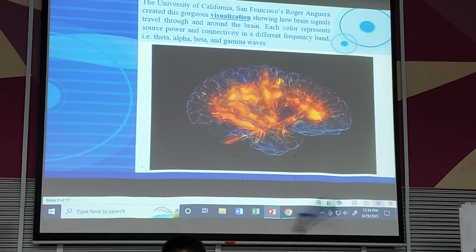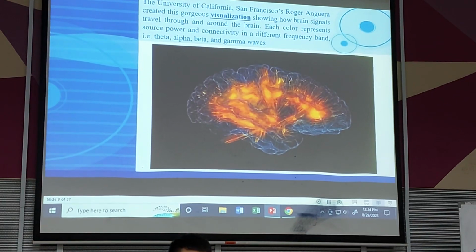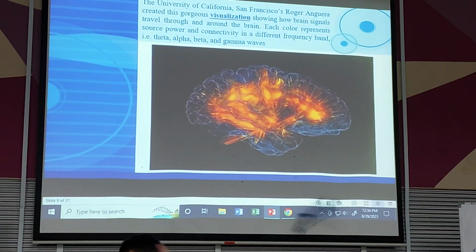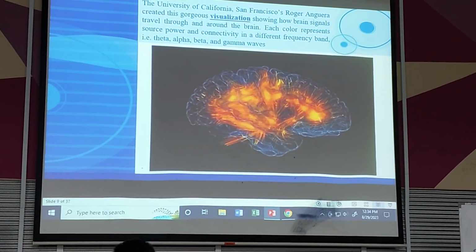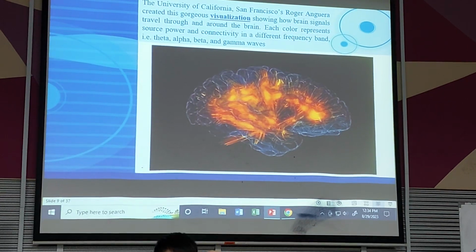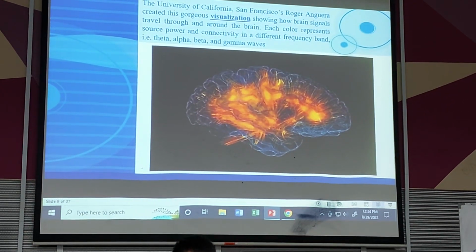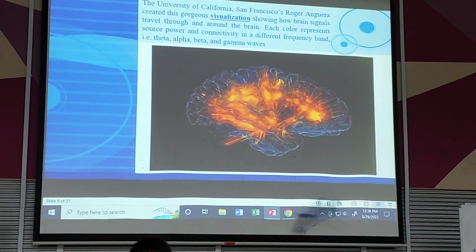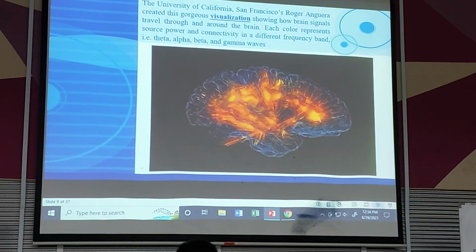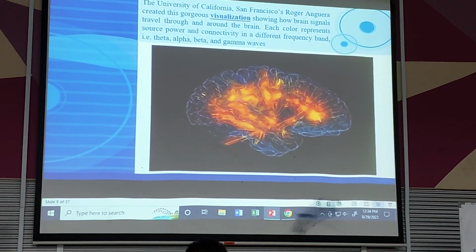Do you know that our brains have two sides? The left side is for logical thinking, for language, for analytics, for what we speak and what we do.